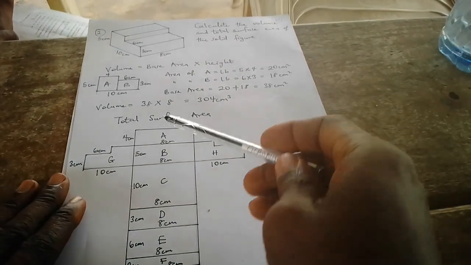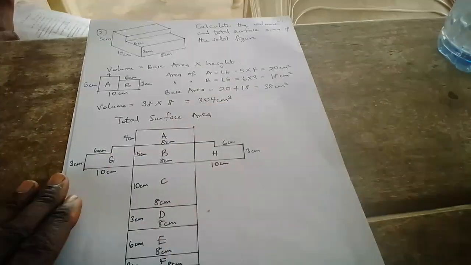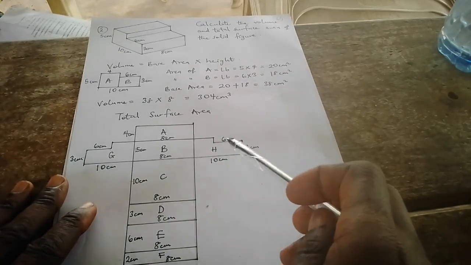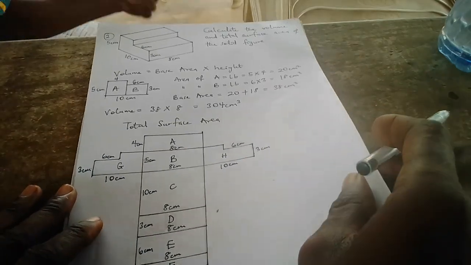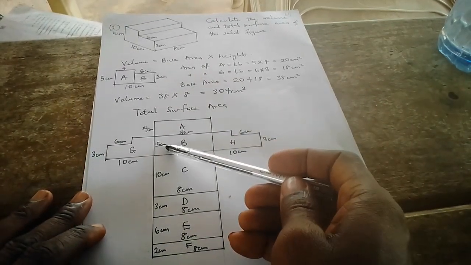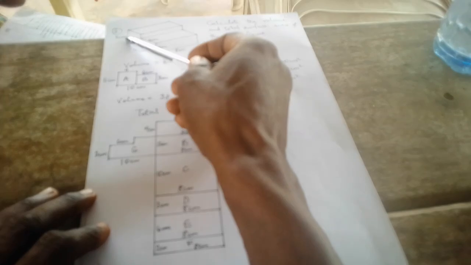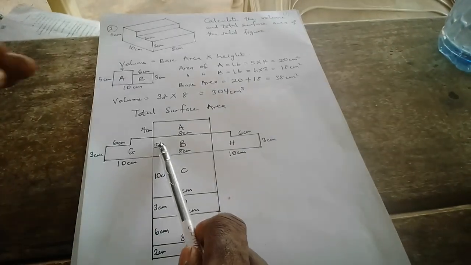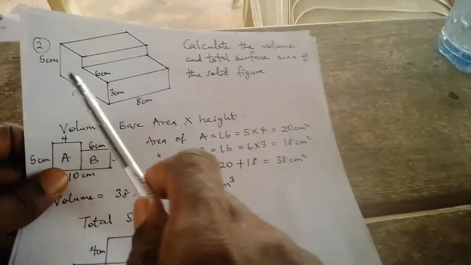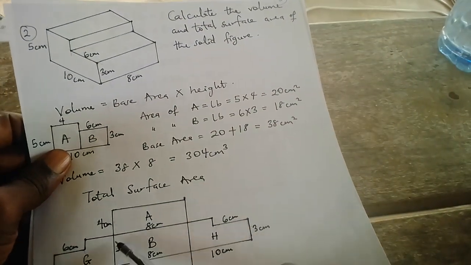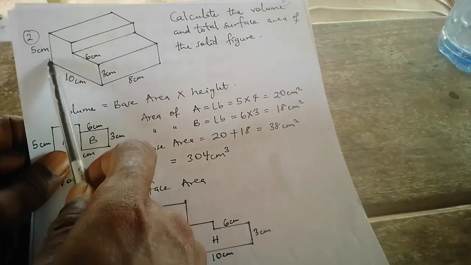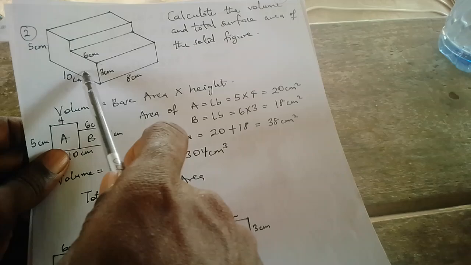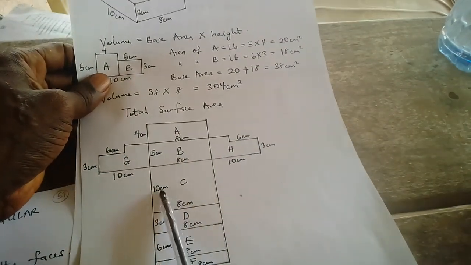Now for the total surface area of this shape, you will dismantle the shape. When you dismantle it, you are going to have something like this. So the base will be this side and this side. Then the back of the shape here will be this side. The back here, where the 5 centimeter is, will be this side. Then the base, where this 10 centimeter is, will be this side.